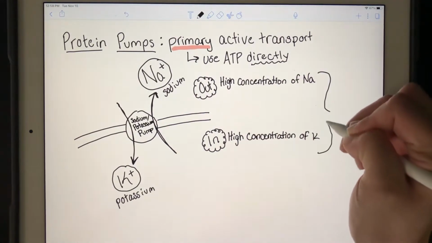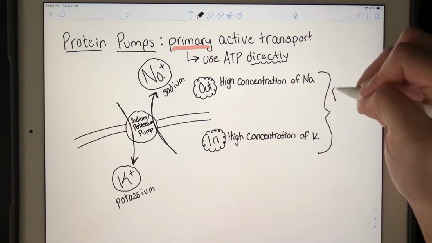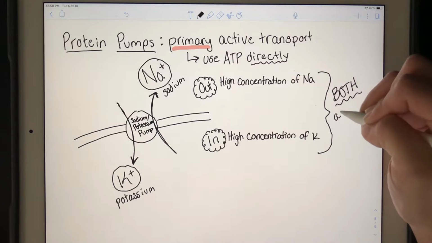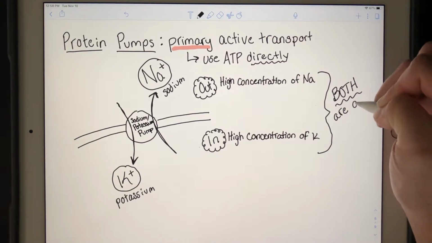And what this means is that both of these ions are moving against their concentration gradient.